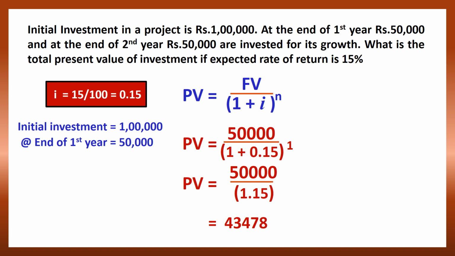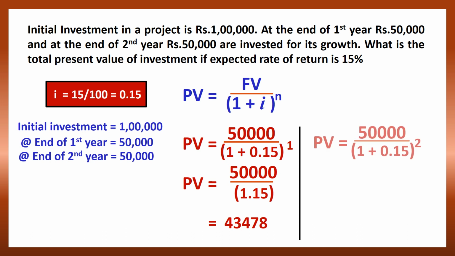And now let us check what happens after that. Again, at the end of second year, he is investing 50,000 rupees. Now this will not be same as the one invested in the first year. Let us find the present value of the 50,000 invested at the end of second year.